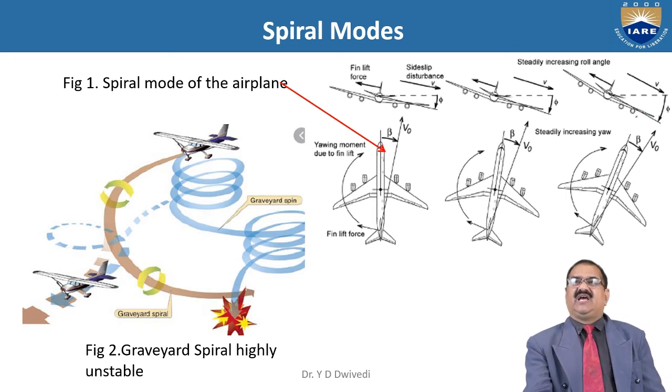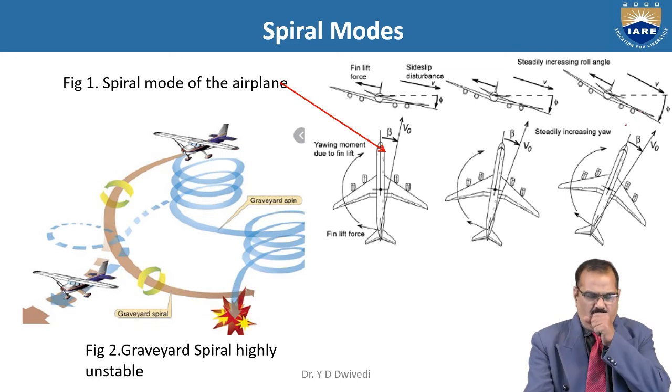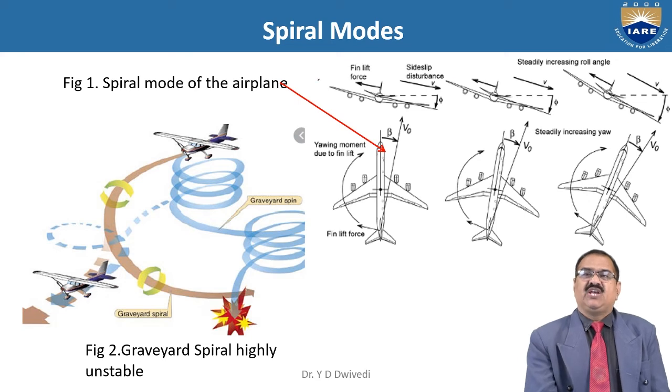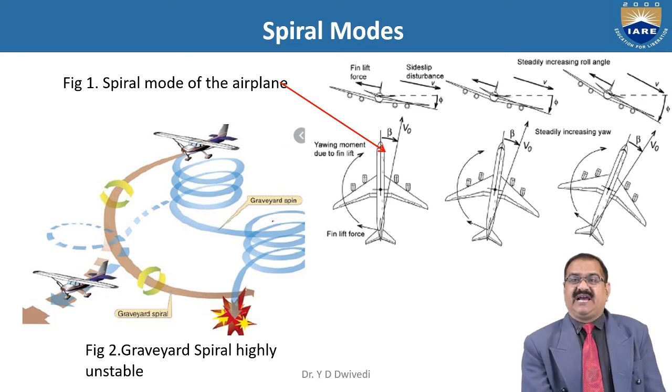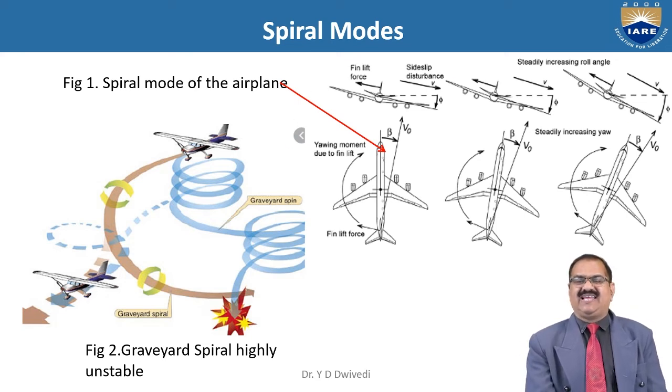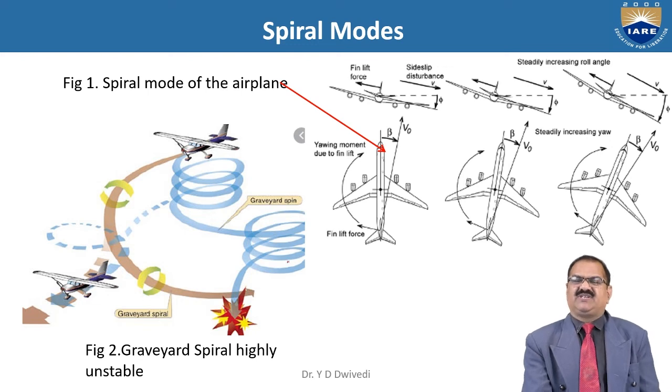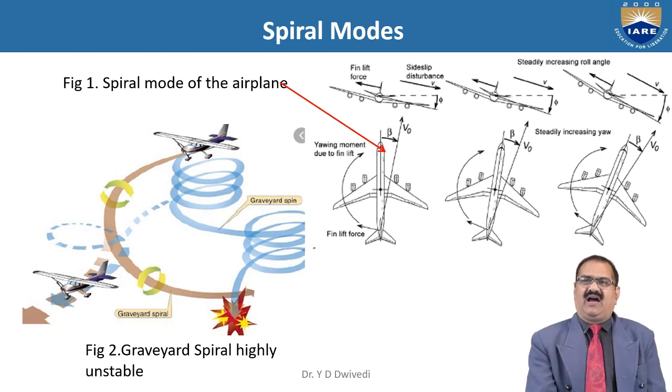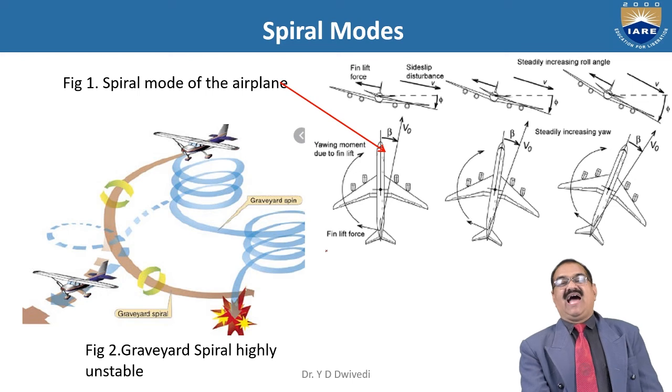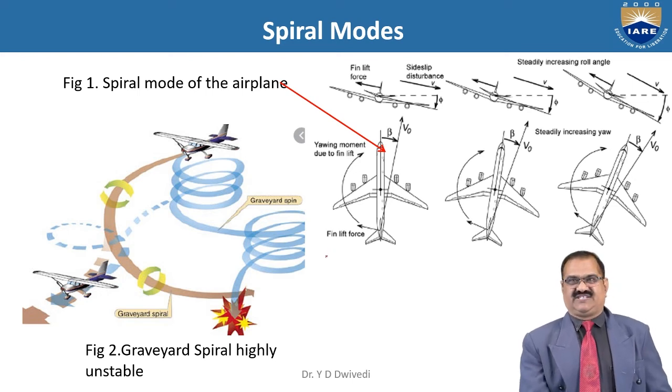So it is the spiral mode. You can see in this diagram, it is a graveyard spiral, highly unstable. If your aircraft is highly unstable, there are lots of chances of aircraft accidents, and so many aircraft have crashed due to this spiral mode, highly unstable conditions.